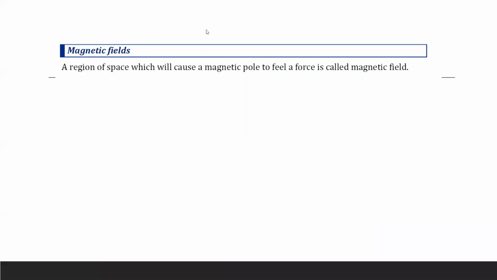So, as the atom consists of a nucleus, inside the nucleus we have neutrons and protons, surrounded by electrons.